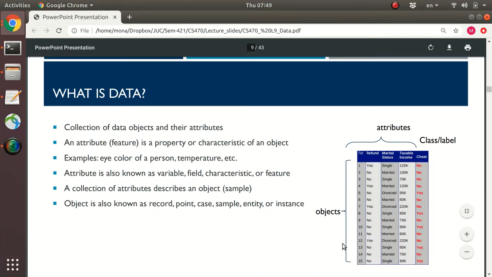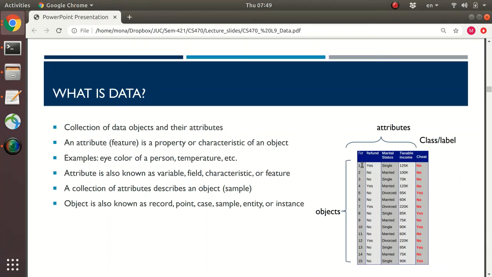The rows are the data objects, the data samples or data points, and the columns represent attributes. These attributes are used to describe every data object, and the last attribute is sometimes used to give the outcome or the label of every data point.